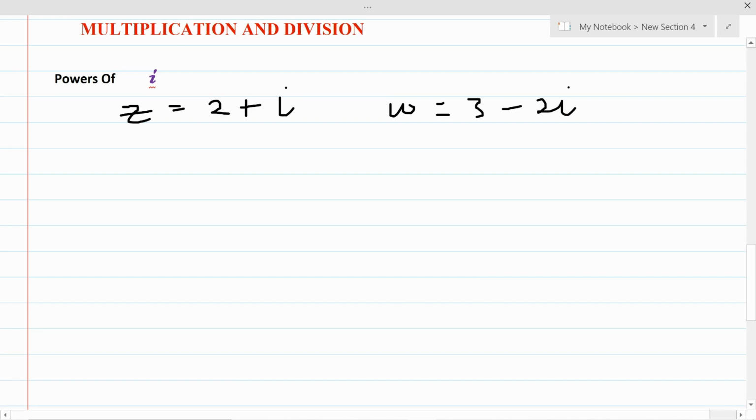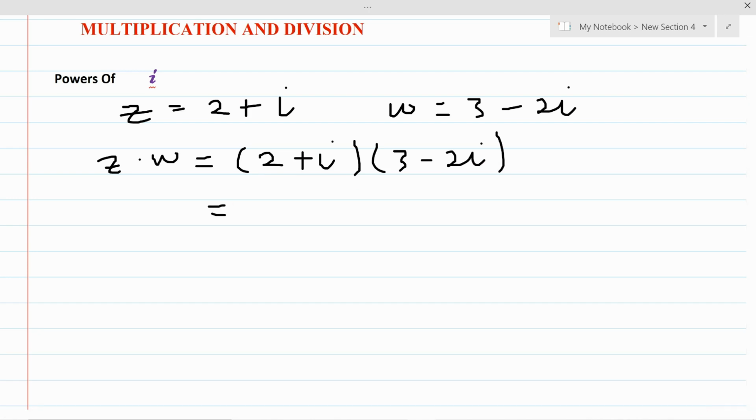If I want to do multiplication, simply z times w will be equal to what? 2 plus i times 3 minus 2i, and this is just normal expansion. 2 times 3 becomes 6. Then 2 times -2i becomes minus 4i.